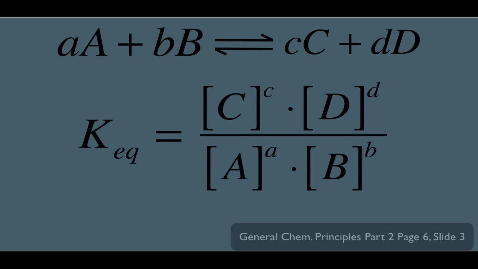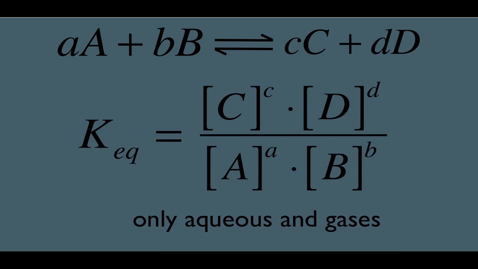So for instance, notice C right here is a product, and lowercase c here is the number of C products. And if you remember, we always raise the amount of product to that coefficient. Also, I want to remind you that in this expression, you only plug in aqueous species as concentrations, and gases as partial pressures. We never put solids or liquids into the KEQ expression.